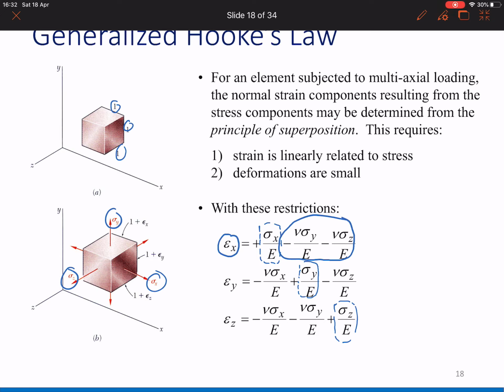When you expand on y and z, you will shrink on the x-axis. The same goes for the y-axis. If you are expanding on the x and z-axis, it will shrink the y-axis also. Okay, so this is what we call the Poisson ratio, which is applied in Hooke's law.